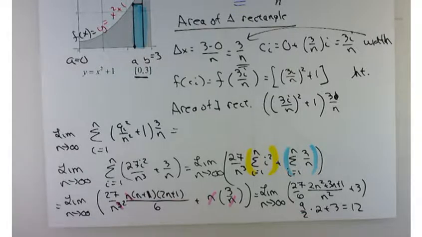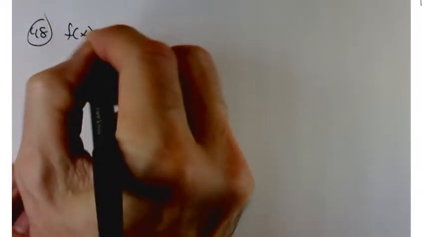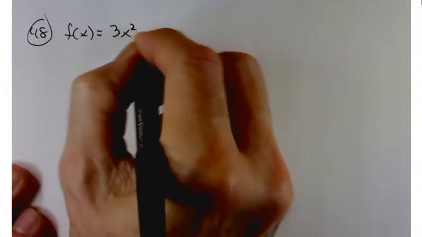Problem number 48. Okay, so problem 48, f of x this time is 3x squared plus 1.